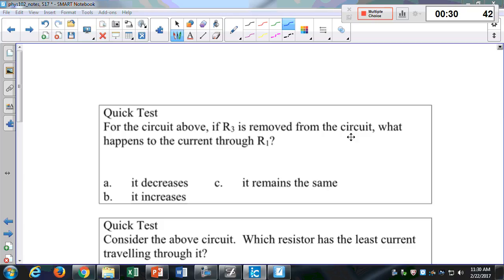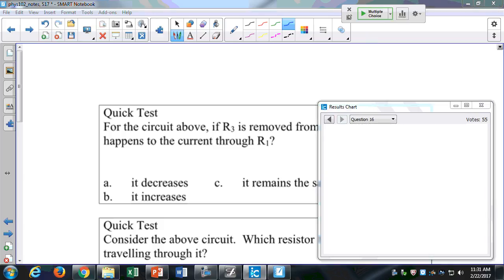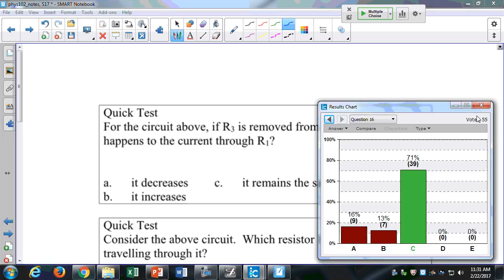All right, let's stop at 40 seconds. 40. It's 5 more seconds. We have a lot of clicker questions today, don't we? All right, good. C is right.